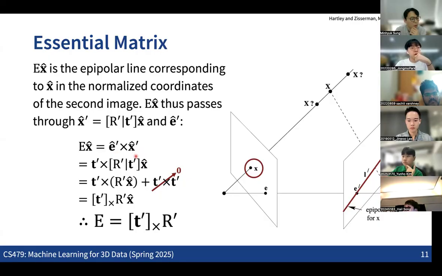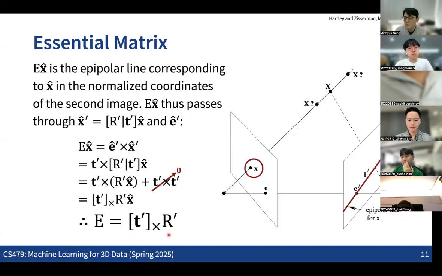The corresponding point can also be computed by multiplying the extrinsic matrix, and we have seen how we can calculate the epipole. So if you take the cross product between these two, then the essential matrix should be the same as this form, the multiplication of the skew-symmetric matrix of the translation part and the rotation.